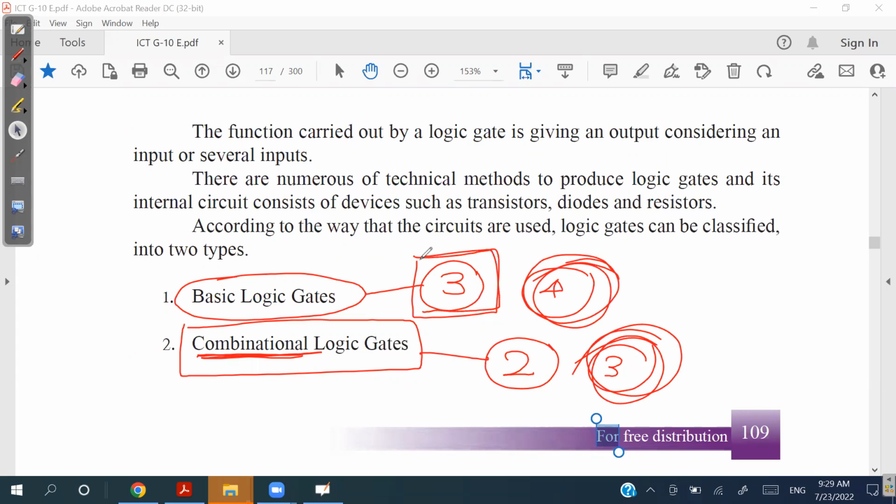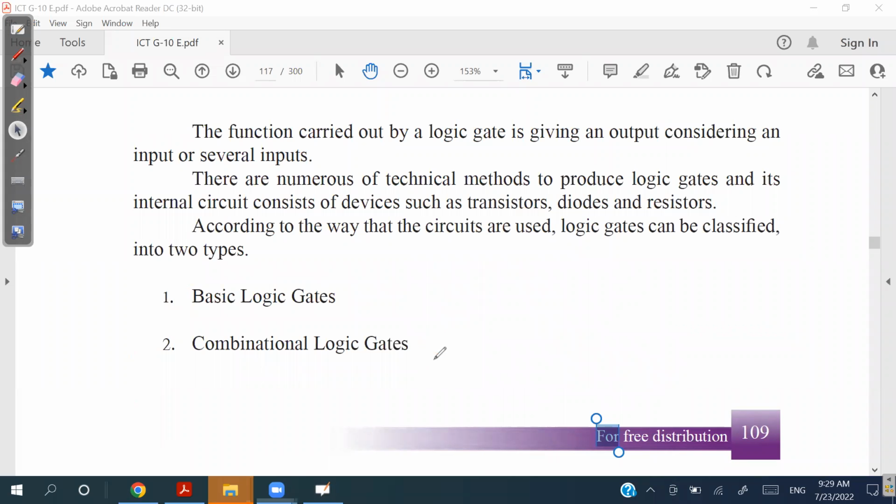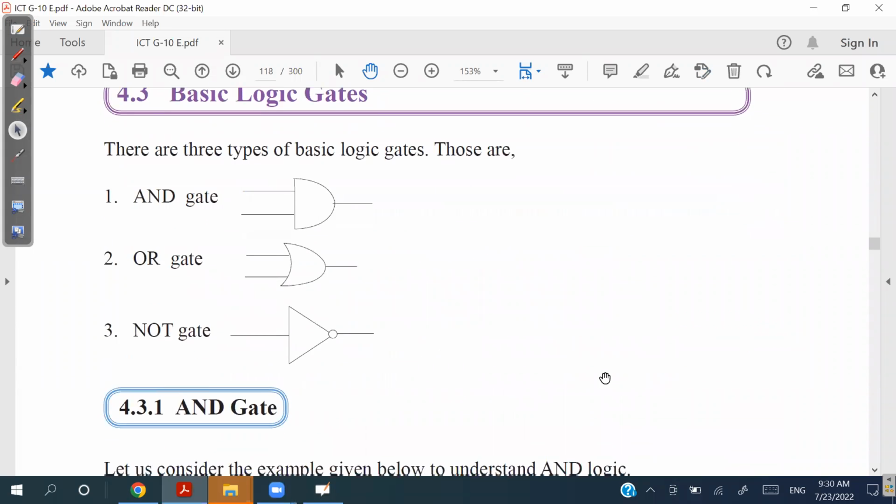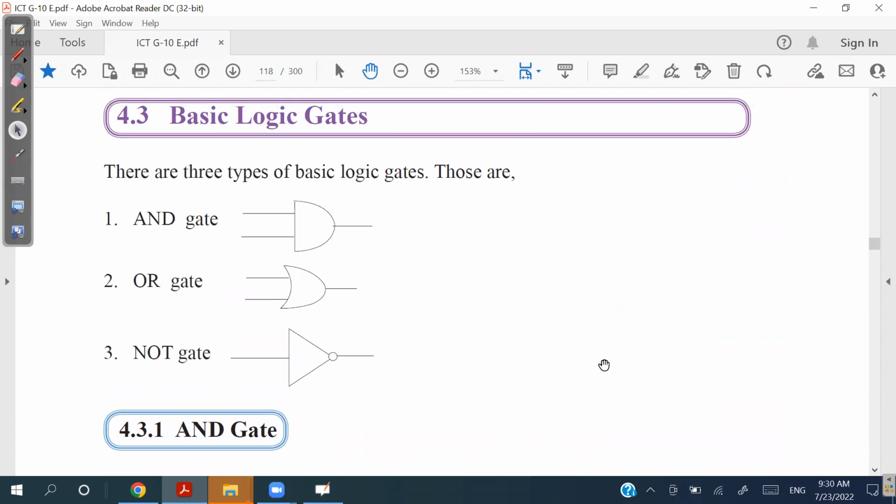So here we are going to learn about 3 basic logic gates and 2 combinational logic gates. In your book, they have done an introduction. These are the 3 basic logic gates: AND, OR, and NOT. They have some funny names, but we have to know how they work to understand how an IC is going to work.